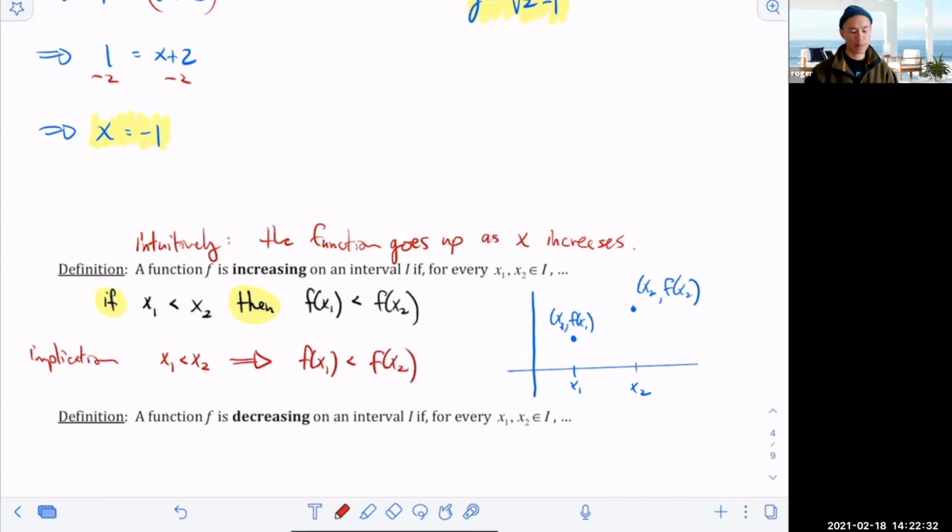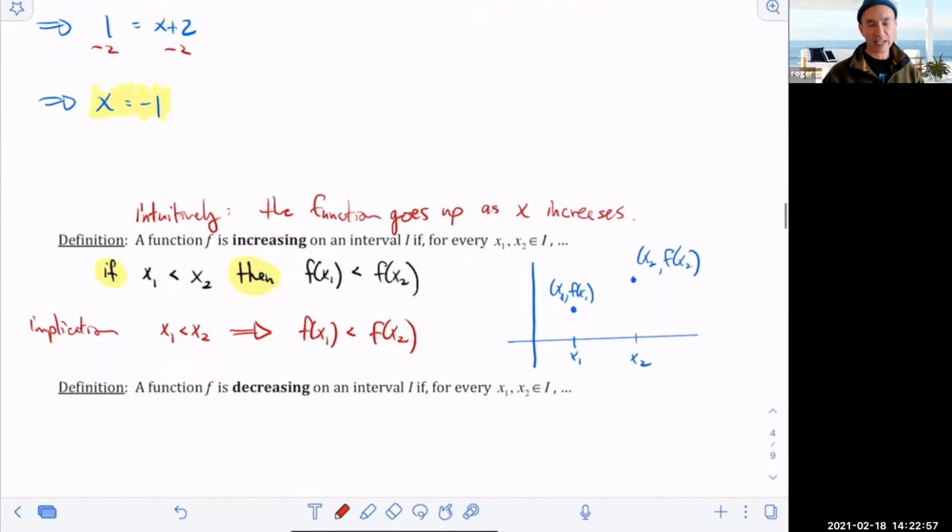Okay. Is there any questions about that? At this point, I just want this definition to make sense to you. We don't really need to use it for anything yet, but it turns out that we're going to define something called a limit precisely later. And we're going to define something called a derivative very precisely later. And I need to use these words, and this notation, and this implication idea.